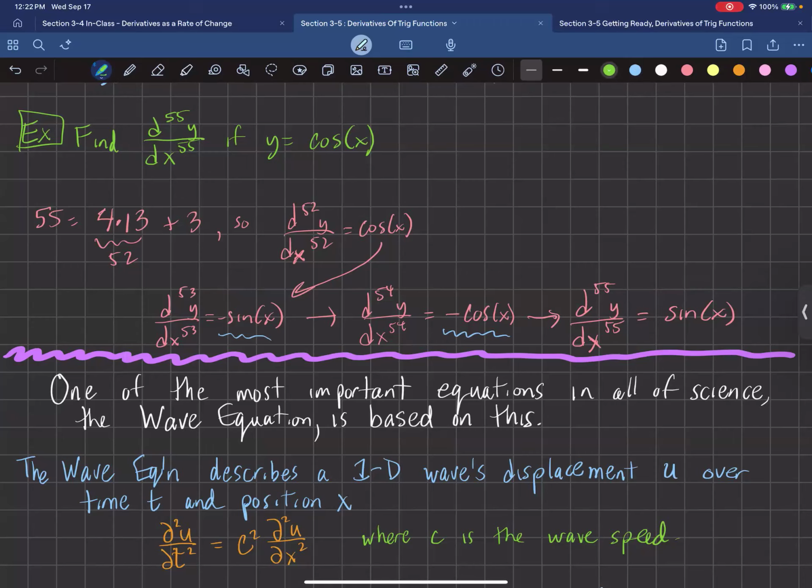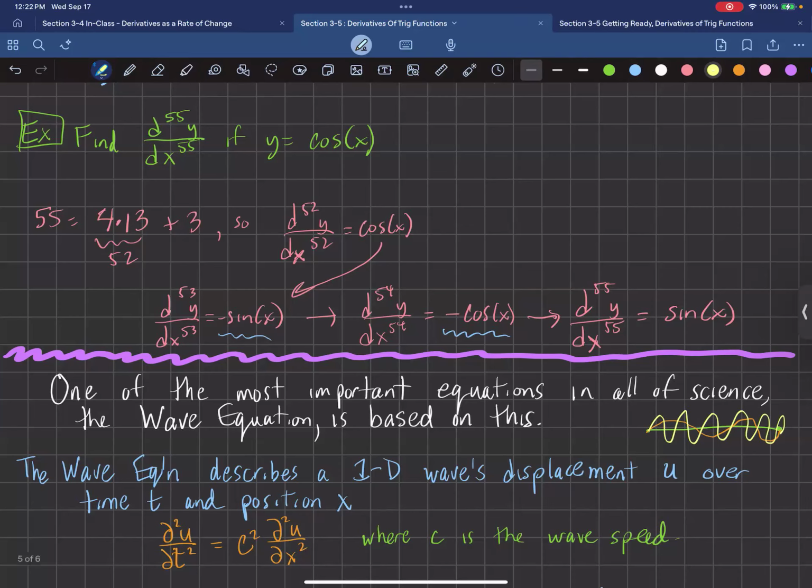So like a guitar string, and you pluck the guitar string, and it ends up creating waves. And depending on how you pluck it, it might create different amplitudes and different frequencies. So there's different ways it can happen.